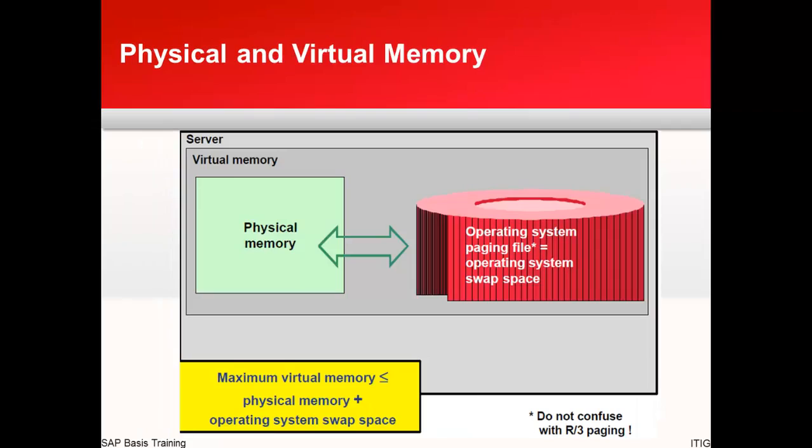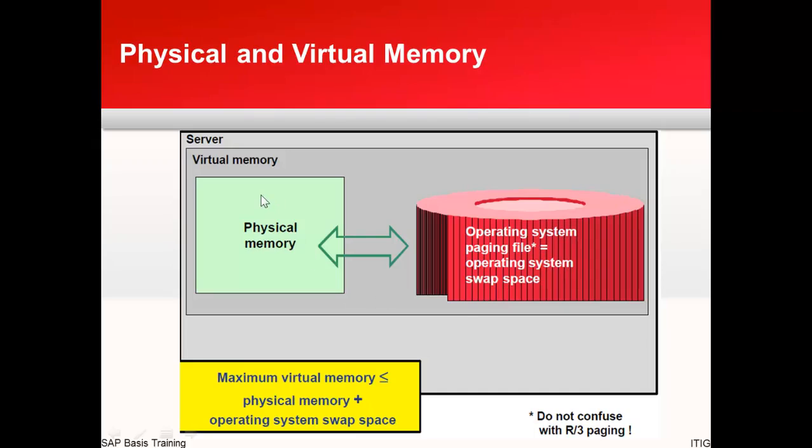Okay, now the physical and the virtual memory. So basically you can see that this is a server, and this server has the physical memory, and we are utilizing the paging file space, that is the operating system's paging file, which normally we call swap space also.